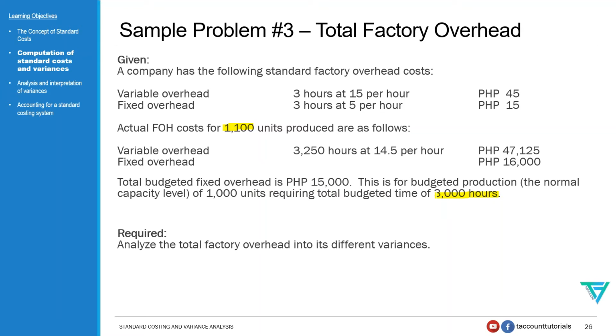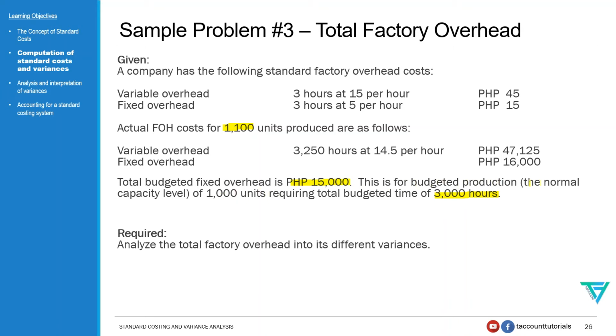So again, as we've discussed at the beginning portions of our topic, the budgeted or the normal capacity level or budgeted costs can either be given as a total amount. So in this case, it is given as 15,000 pesos. But in some instances, it is not given, and we should try to arrive at the total budgeted cost using the per unit or per hour information given, right? So this 15,000 pesos can actually also be arrived at when we analyze the other given.